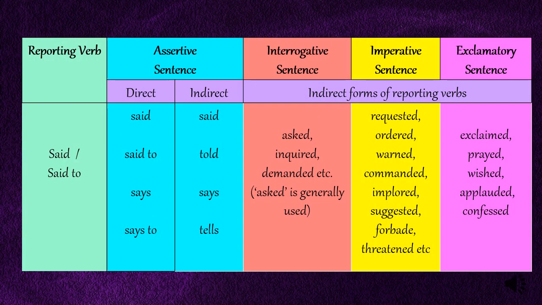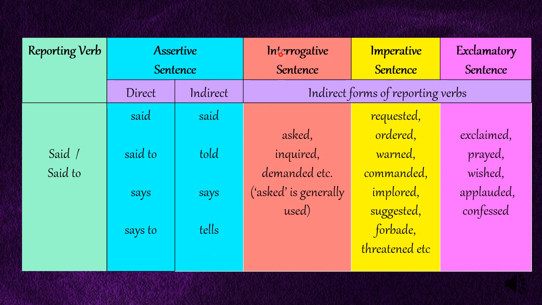Now, when the reporting verb is said or said to, in the assertive sentence, in the direct speech, if said is given, in the indirect speech it will be written as the same, said. But if said to is given, then it is changed to told. Says remains the same as says, and says to converts to tell.